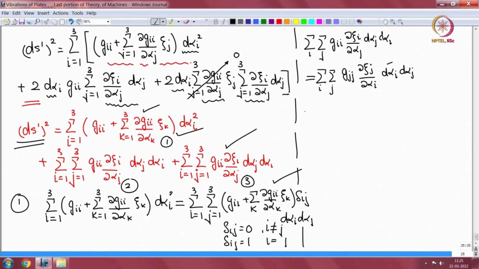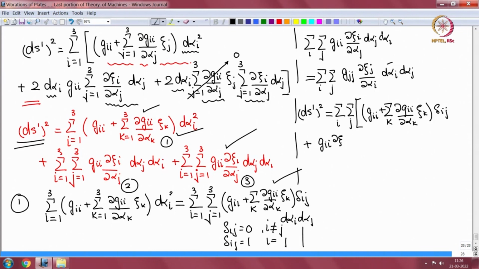So if we write this using a double sum outside, ds dash whole squared is equal to double sum I j g I plus summation over k del g I by del alpha k xi k delta ij plus g I del xi I by del alpha j plus GJJ del xi j by del alpha I d alpha I d alpha j.